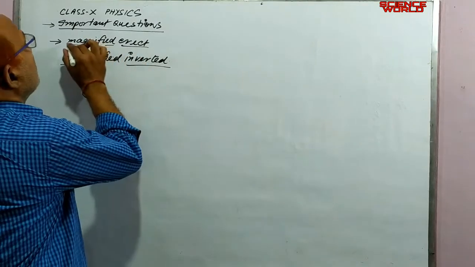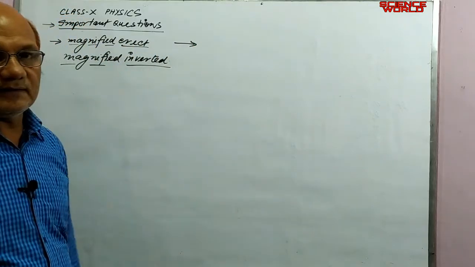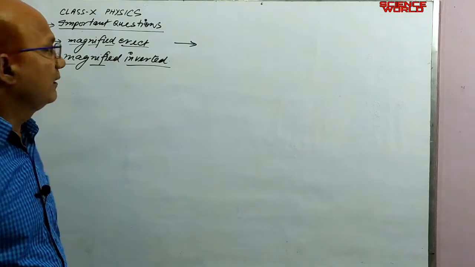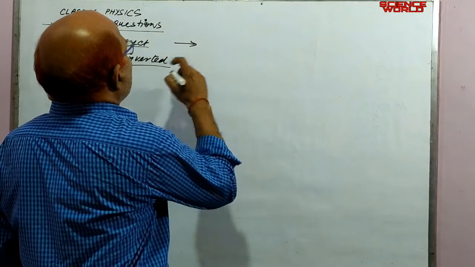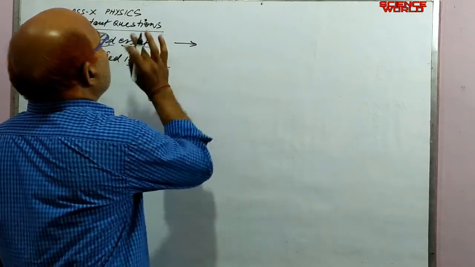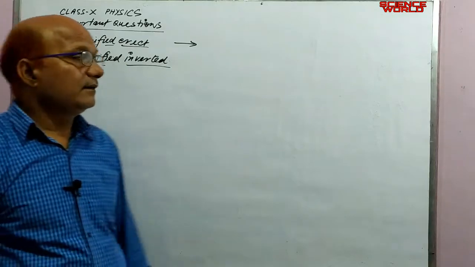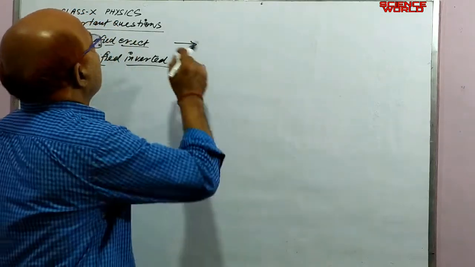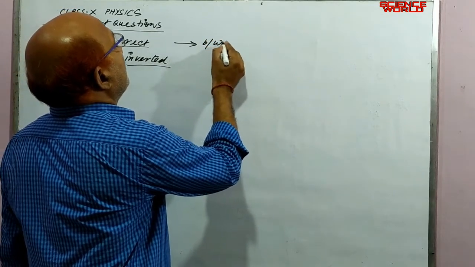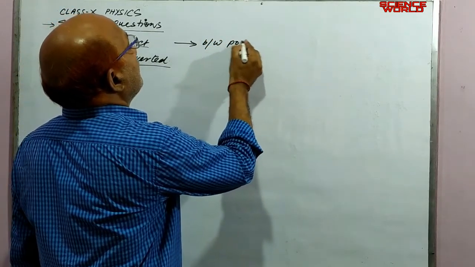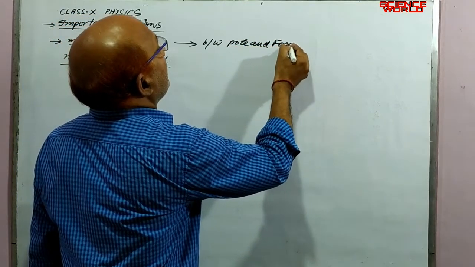So, to get these images, where you place the object, you can very easily search out from this table. To get a magnified erect image, there is only one position in which you can get an erect image: the object should be between pole and focus.